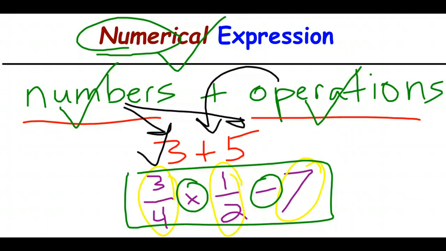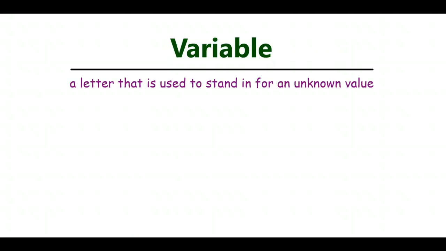Now there are other types of expressions too, and as we said at the beginning of this video, what we're really after is variables. So a variable is something that is completely different from anything you've seen in math up until this point. What a variable is, it's a letter that's used to stand in for some unknown value. What we're going to be doing is we're moving from math where we know what numbers we're talking about, maybe substituting the numbers in for particular formulas, doing some calculations and arriving at an answer.